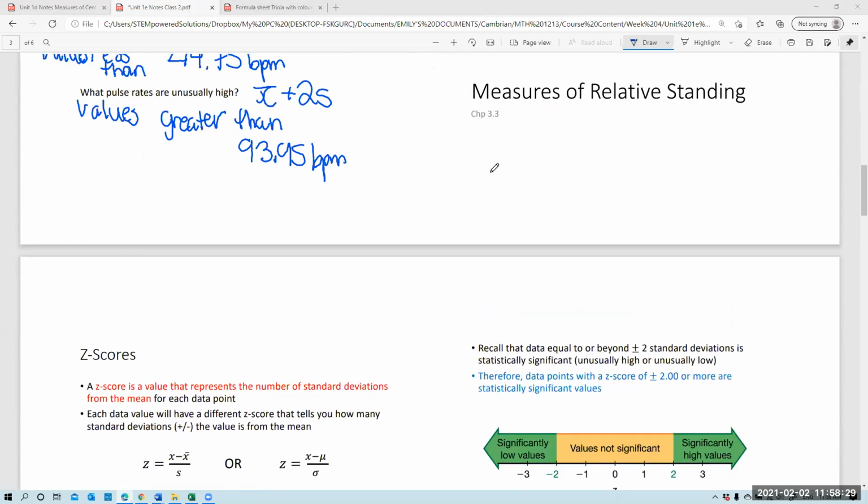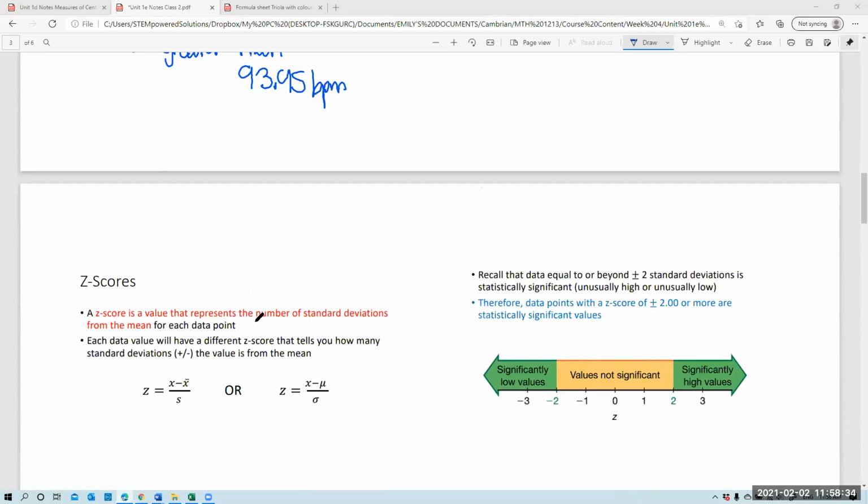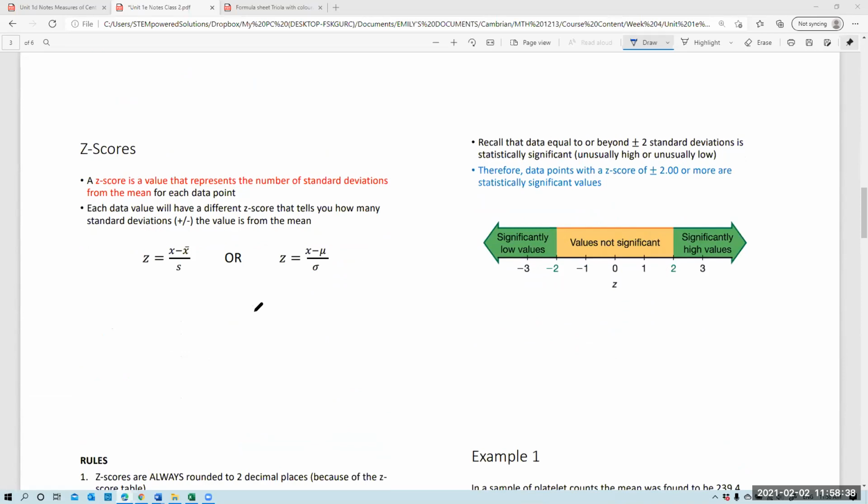Okay, so measures of relative standing. We're on chapter 3.3 of the textbook, so please do the readings as well. Z-scores. A Z-score is a value that represents the number of standard deviations from the mean for each data point. Each data value will have a different Z-score that tells you how many standard deviations plus or minus the value is from the mean.